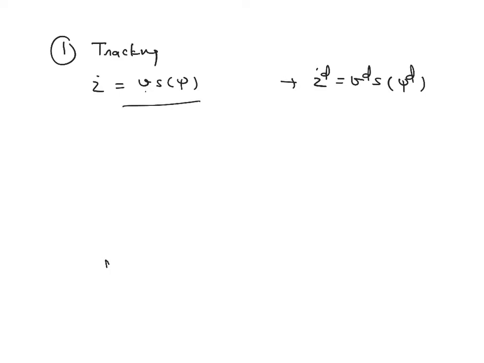It's a function of V and psi, like x1 dot equals x2 and x2 dot equals u kind of thing, right? So your x2 is like V and psi, not exactly that, but a nonlinear function of that.